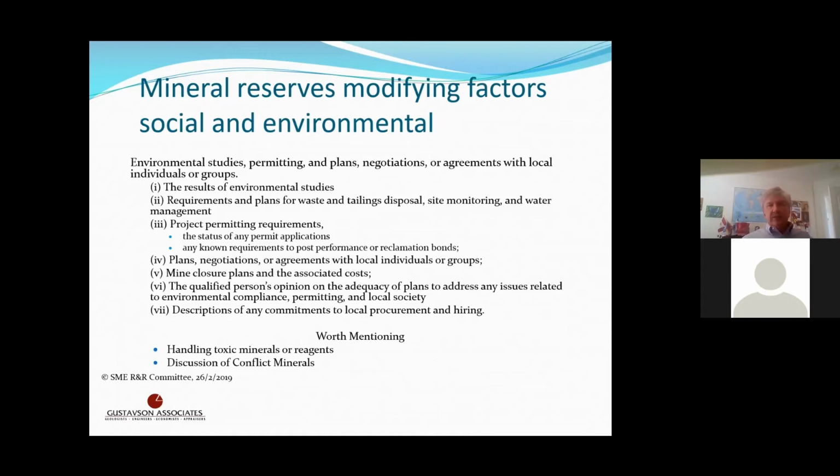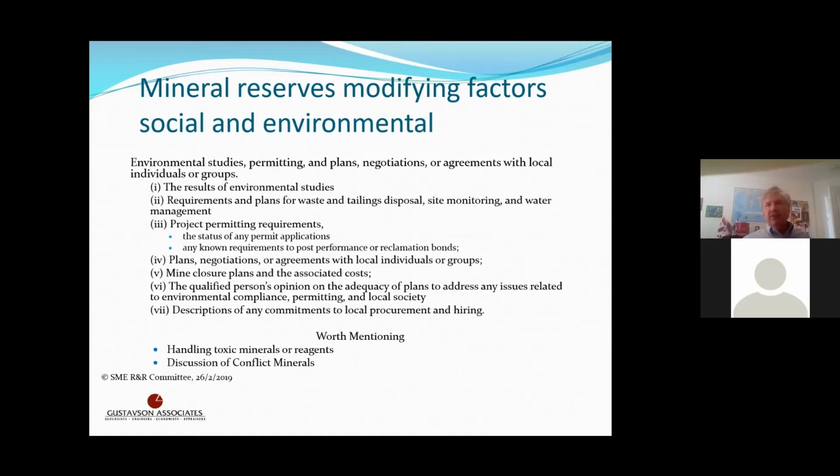Modifying factors. Under Industry Guide 7, the modifying factor to make a reserve was a full feasibility study or an operating mine. Under SK 1300, it could be a feasibility study or a pre-feasibility study.